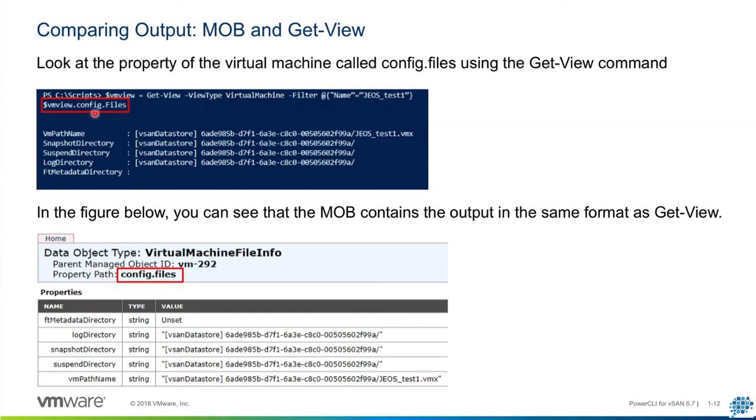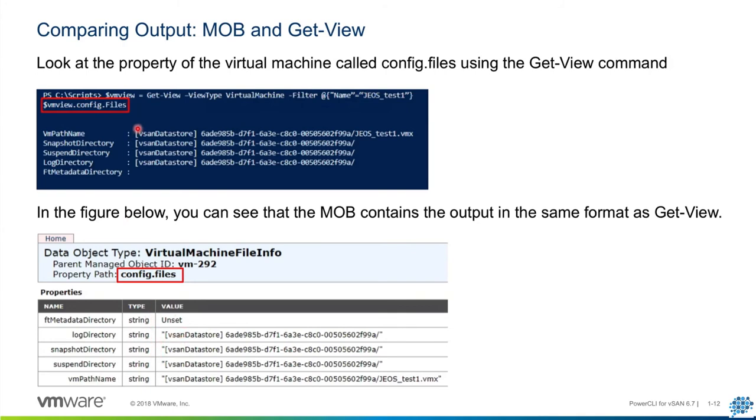If you look at the output here, it shows us the files which are stored on the data store for this particular virtual machine. And the fascinating part is that if you look at the output from your managed object browser, which is also another way of accessing your vCenter inventory at the API level, you see that the output is almost exactly identical.